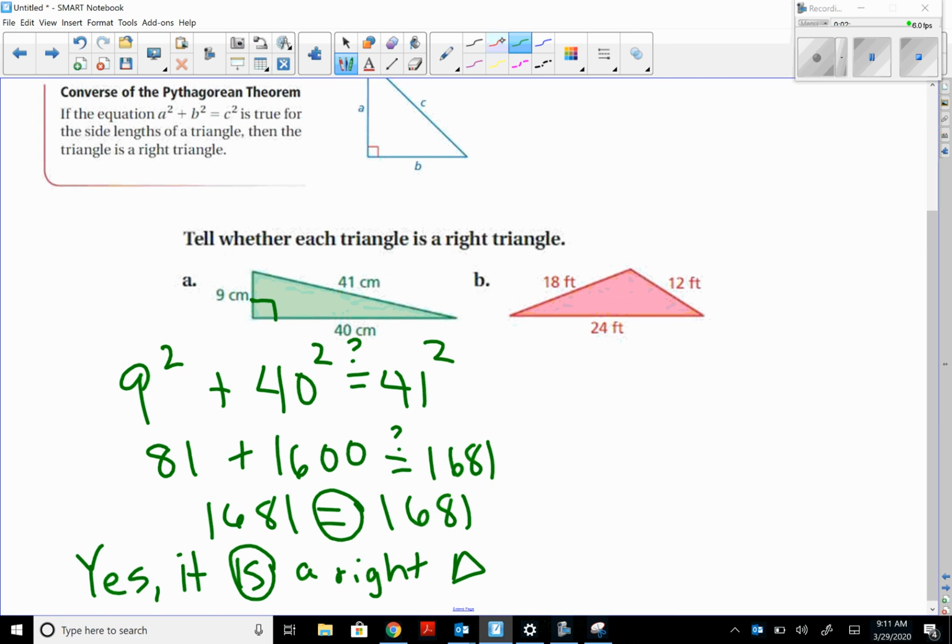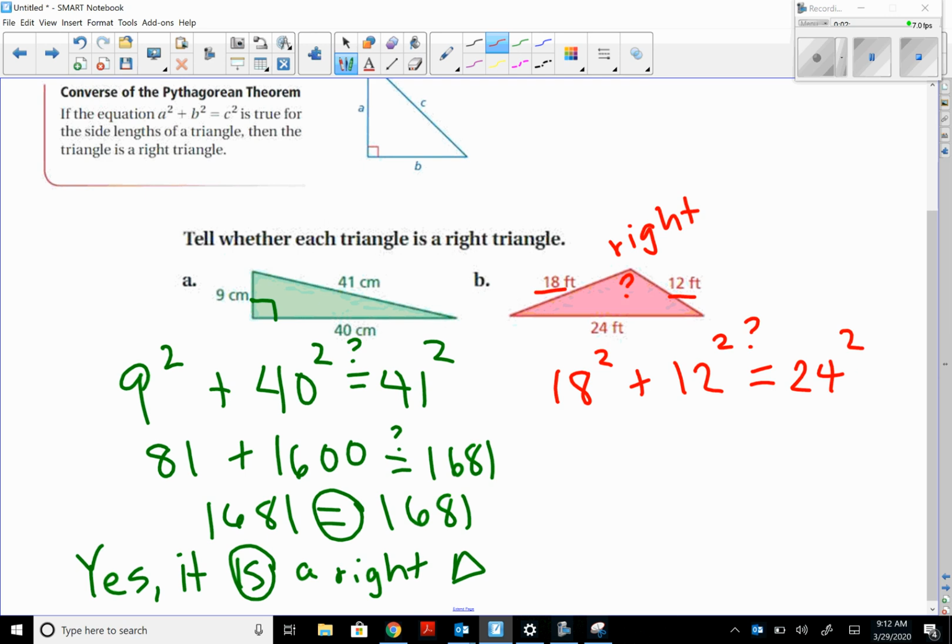So let's check B now. We're trying to determine if this is a right triangle. So we want to know, is this a right angle? So I'm going to take the lengths of the two shorter sides and I'm going to raise them to the second power. 18 squared plus 12 squared. We're trying to determine, is it equal to 24 squared?